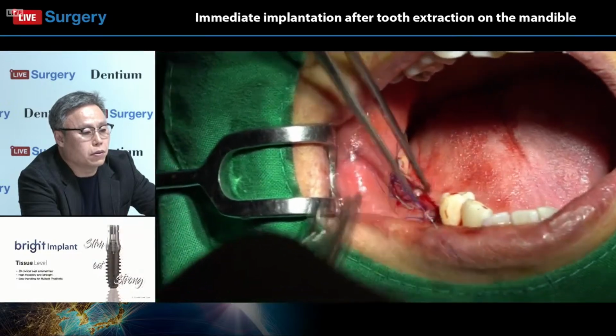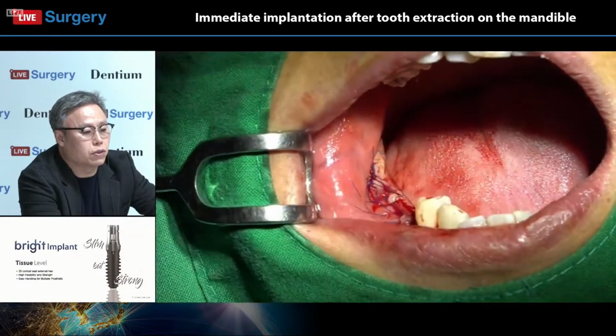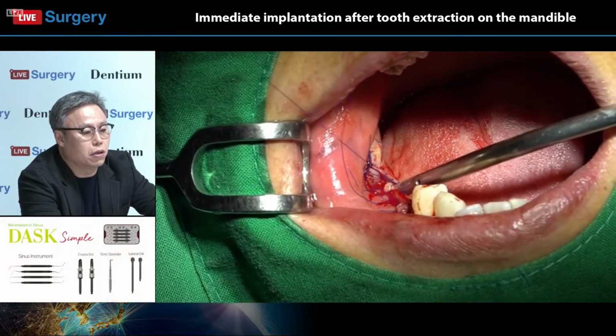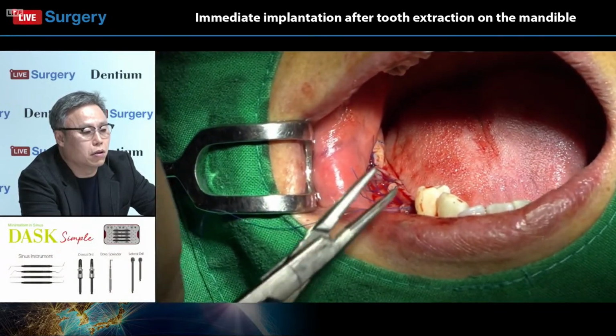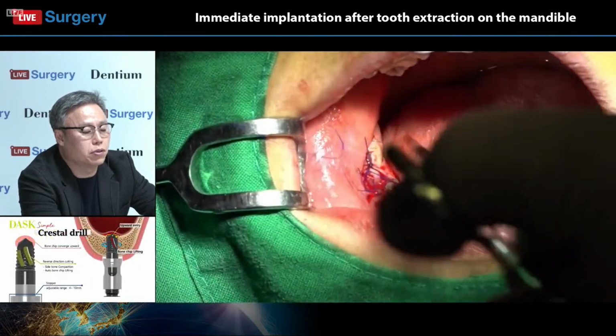Yeah, some auxiliary sutures with the interrupted suture, between the vertical matrix sutures.